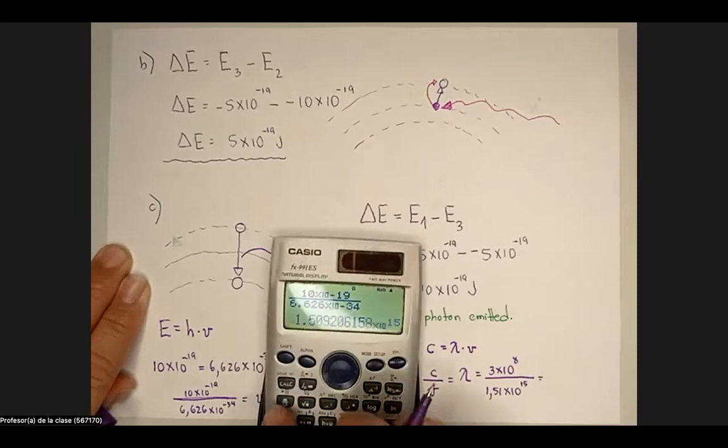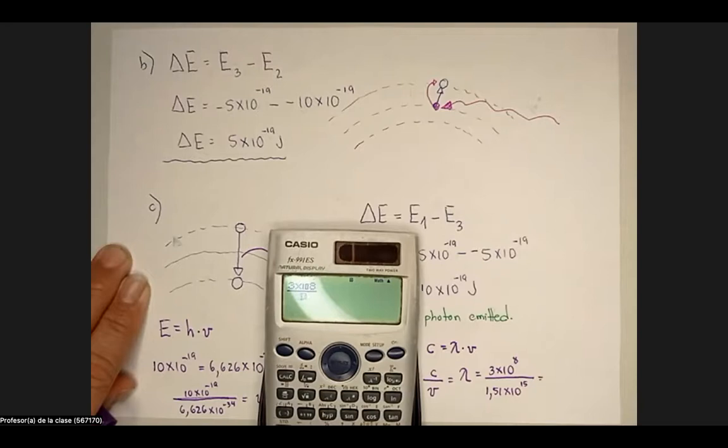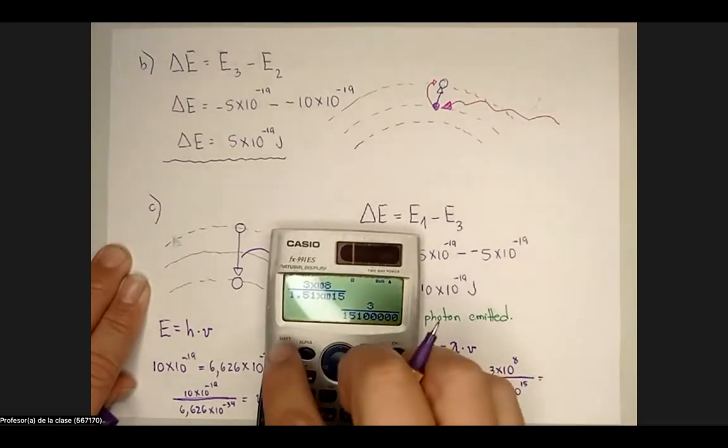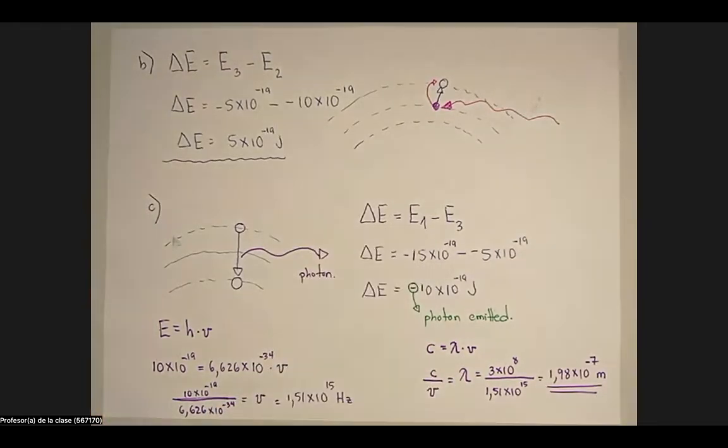Okay, so the speed of light divided by the frequency. This will be a tiny number, 1.98 by 10 to the minus 7 meters. And that will be the answer on question C about this problem.